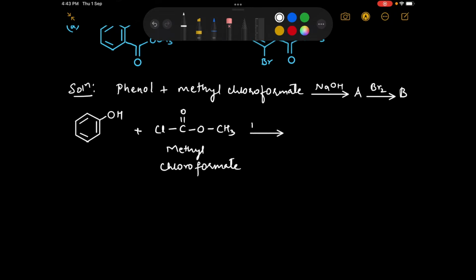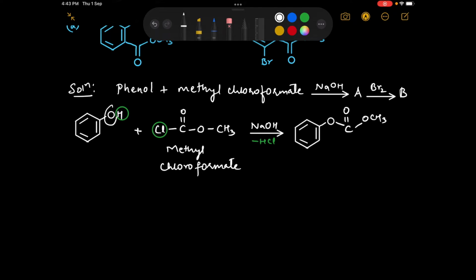In the presence of sodium hydroxide, we can remove this hydrogen along with this chlorine so that we get the formation of a compound here, which is our compound A. Let's draw this compound A. Double bond O. Then we have a single bond OCH3.